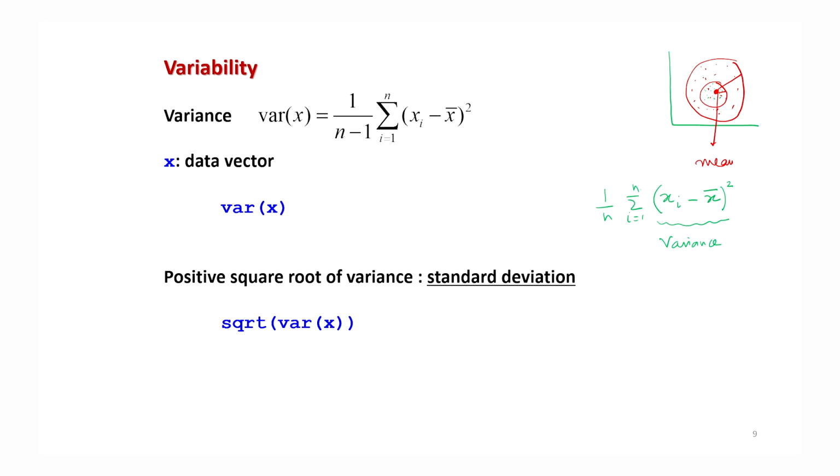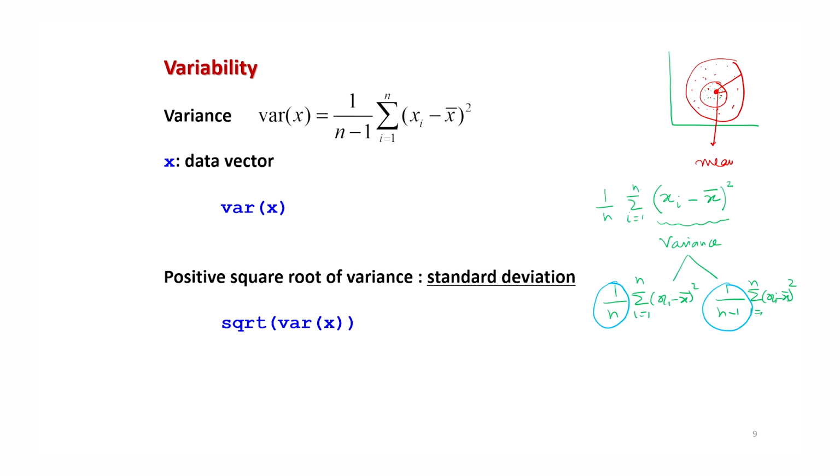Now this variance has two forms. One here is 1 over n summation i goes from 1 to n (xi minus x bar) whole square, and another here is 1 over n minus 1 summation i goes from 1 to n (xi minus x bar) whole square. So you can see the basic difference between the two forms of the variance is the divisor. In one case the divisor is n, and in another case the divisor is n minus 1.